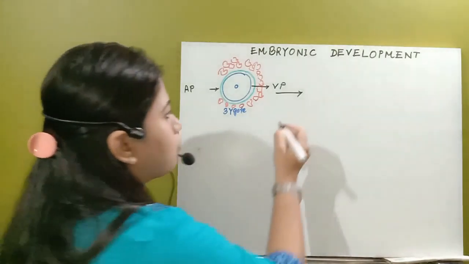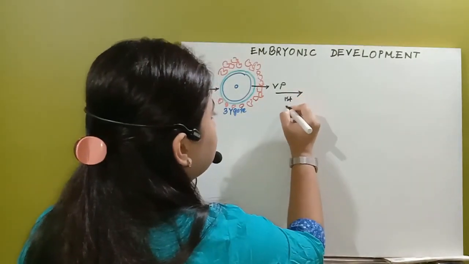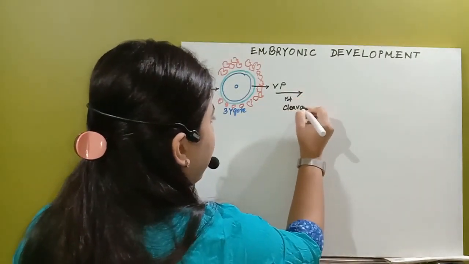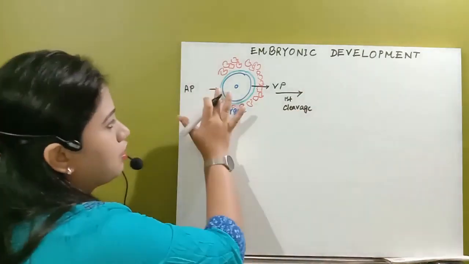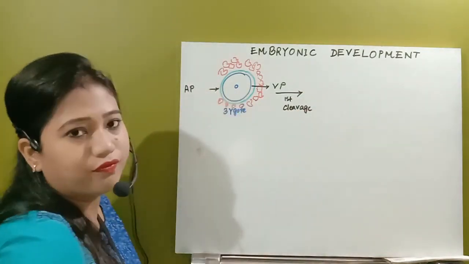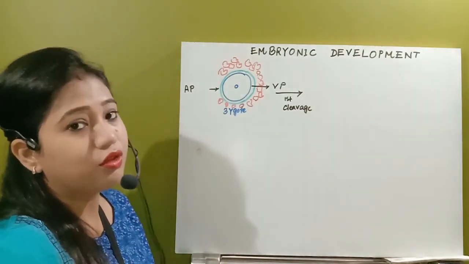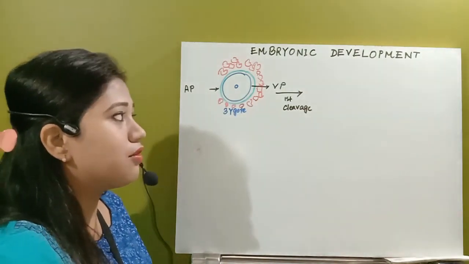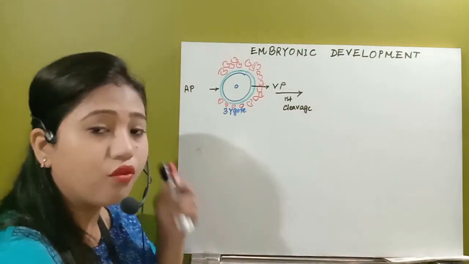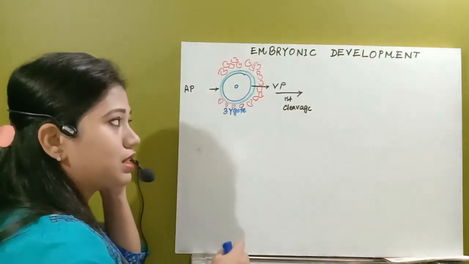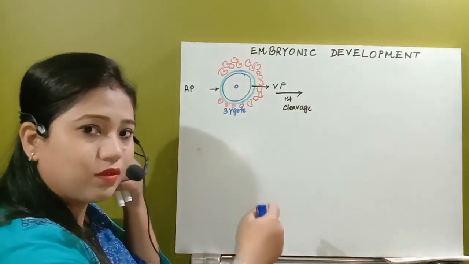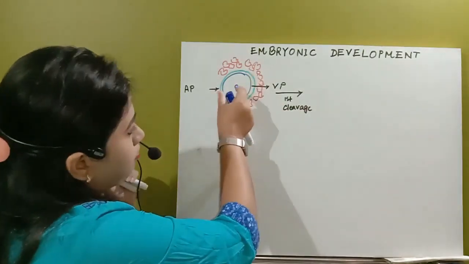Within that time the first cleavage will occur, and that cleavage will occur from the animal pole to the vegetal pole region. First of all a cleavage furrow will form, and gradually this will form two cells.